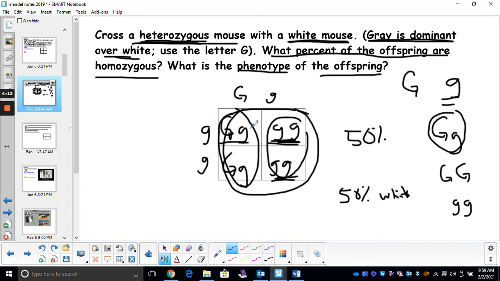Anytime we have a dominant allele, the dominant shows up. So these are both heterozygous, one dominant, one recessive. The dominant allele shows up, so I will also have 50% gray because gray is the dominant color in this problem. So my ratio would be 1 to 1, or 50% white to 50% gray.